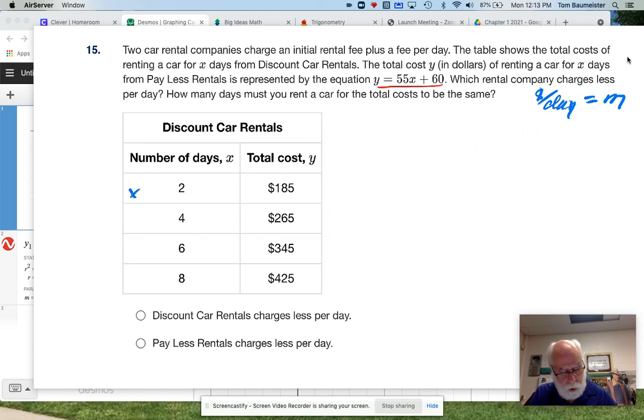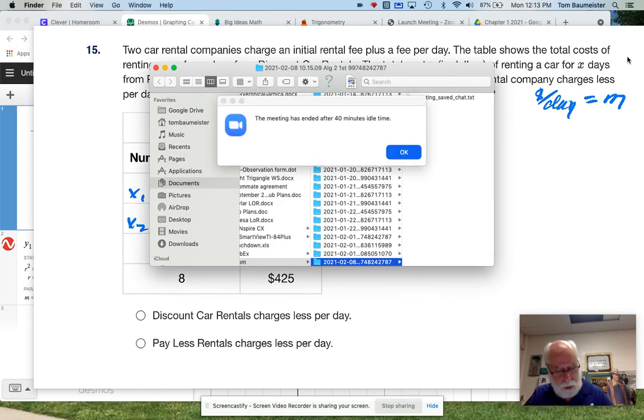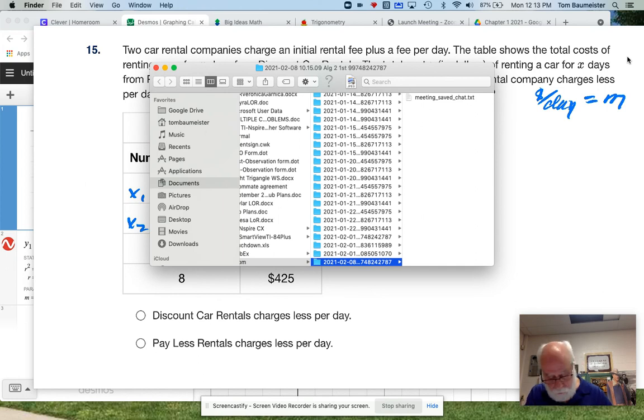So let's go ahead and call this one X1, Y1. And this one here, X2, Y2. And we have to find the equation of our line for this one. We already have it for the other one. So on this one here, first of all, let me tell you what our slope is.